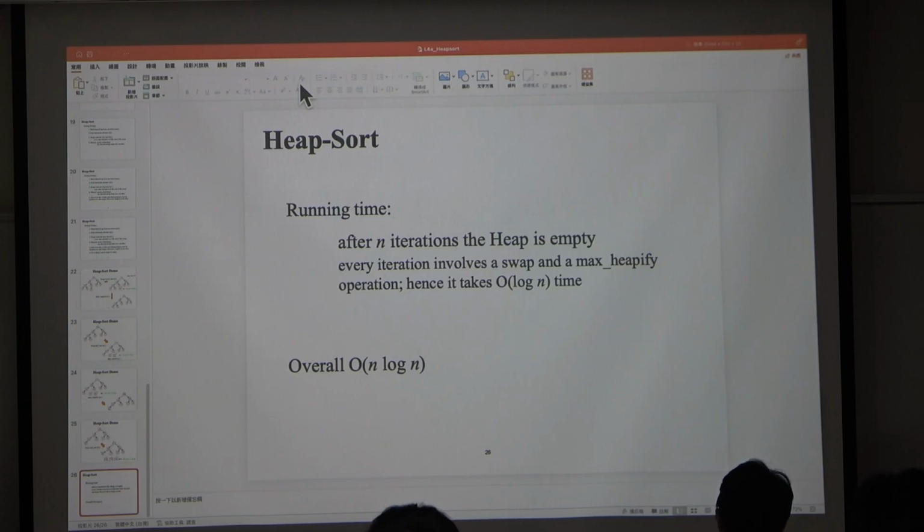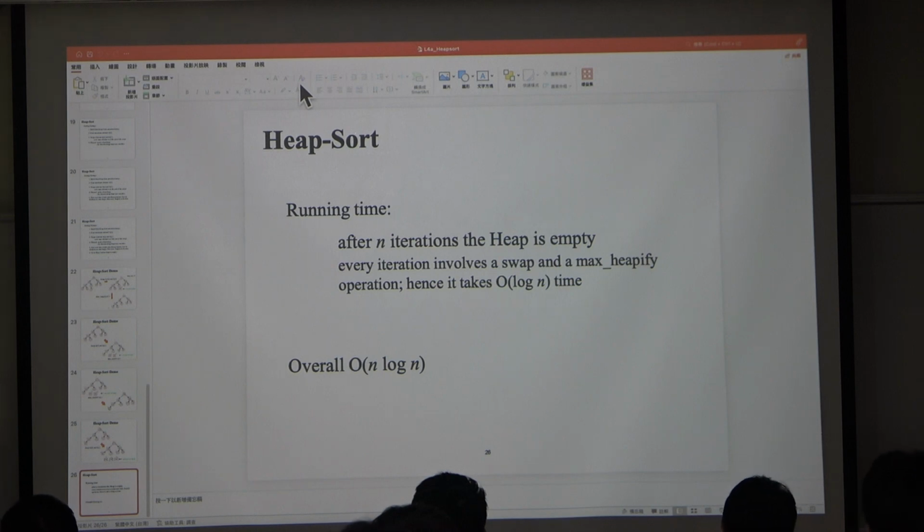A lot of the time, you have multiple different algorithms, different choices of algorithms to do one job, but you need to pick the most suitable algorithm to get the job done. So that's about it for the heap sort.